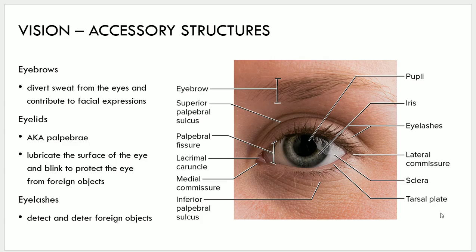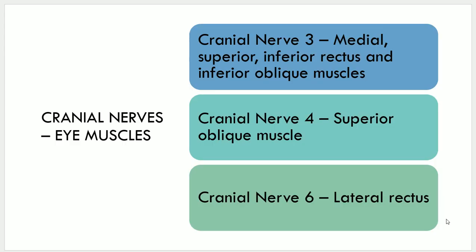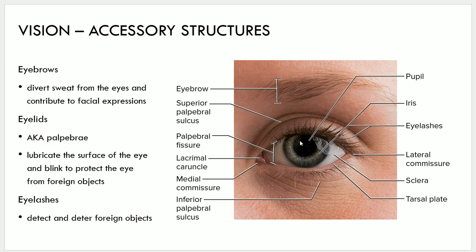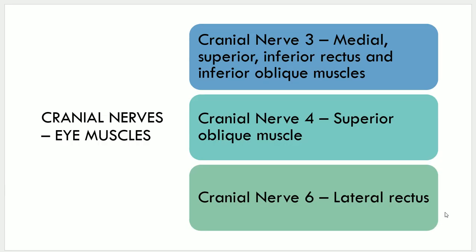So these accessory structures are really important in preventing foreign material, foreign objects, and helping in protection of the eye. And remember, this pupil, that's just a hole, okay? It's just a hole, not a structured part.